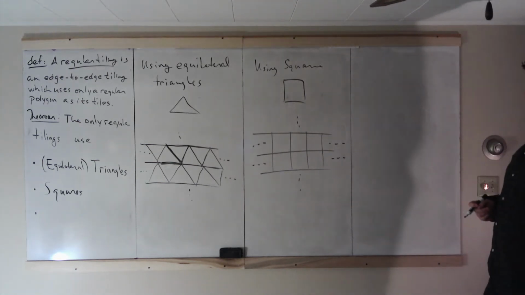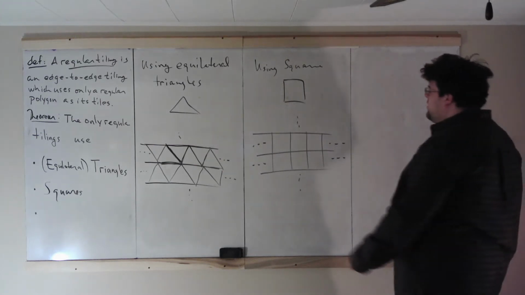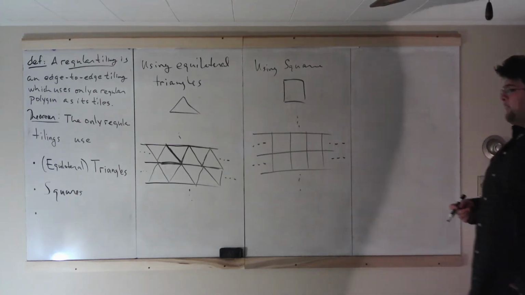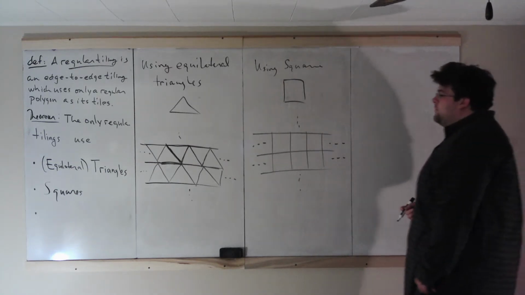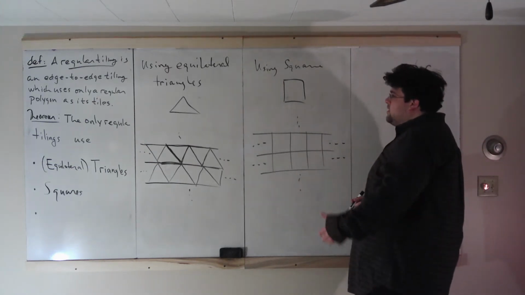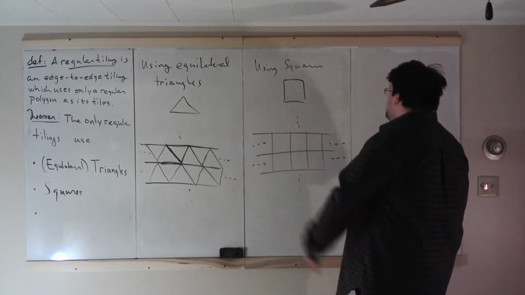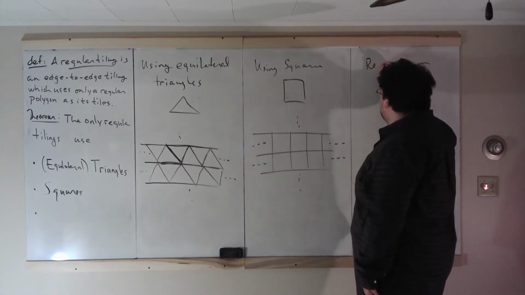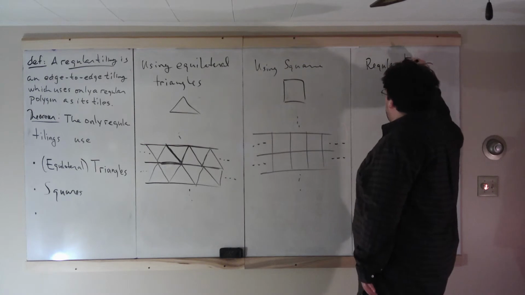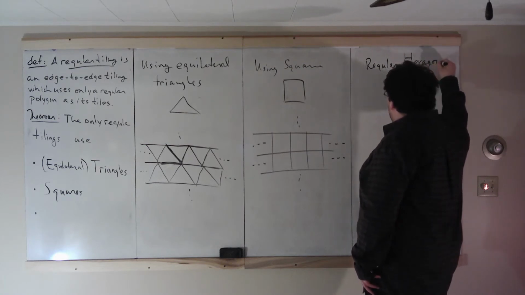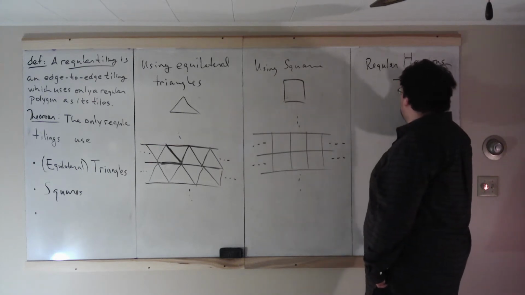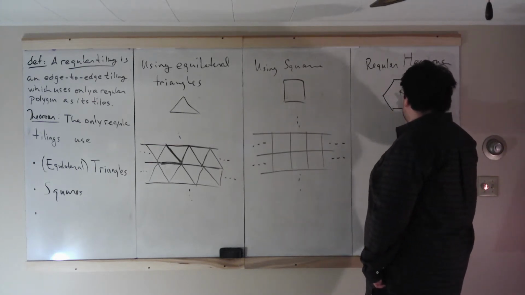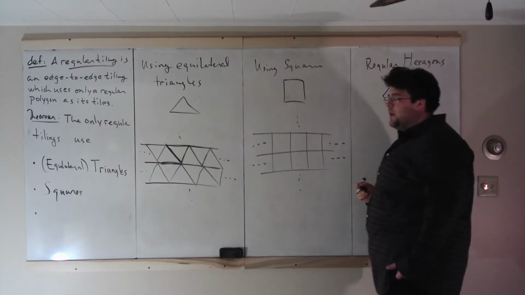Well, the only regular tilings, there are 3 of them, and we will explain why there are only 3 of them. But before explaining why the ones that don't exist, let's explain why the third one does exist. There will not be a tiling for irregular pentagons, but there will be a tiling for regular hexagons.